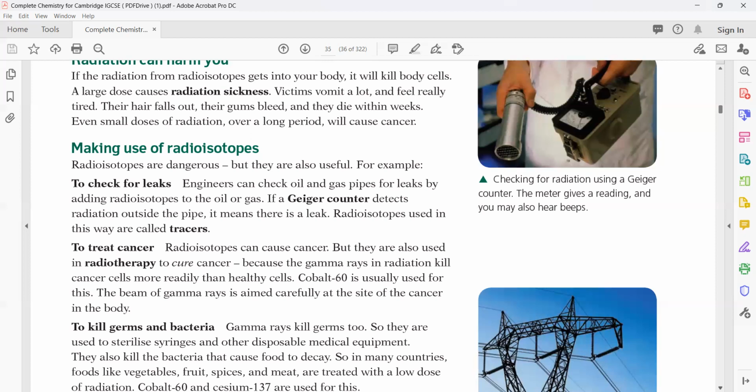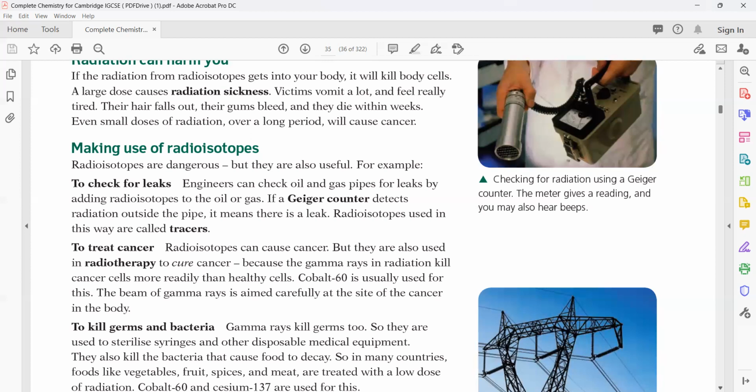Why do we write 60 here? Because its nucleon number is 60. The beam of gamma rays is aimed carefully at the site of the cancer in the body.